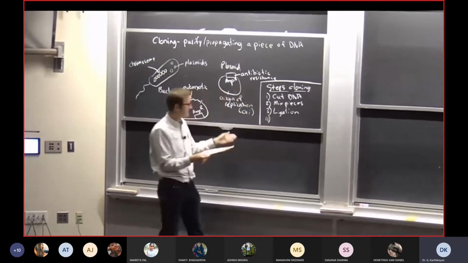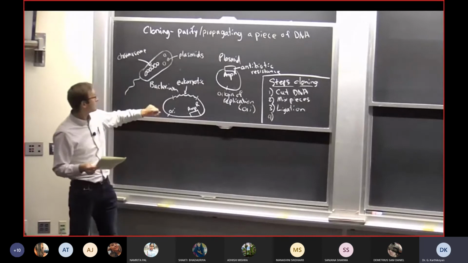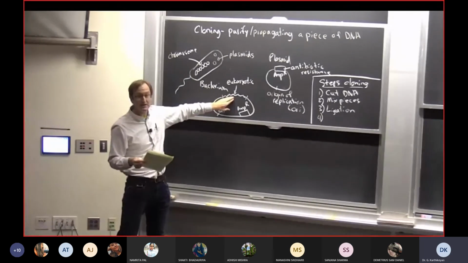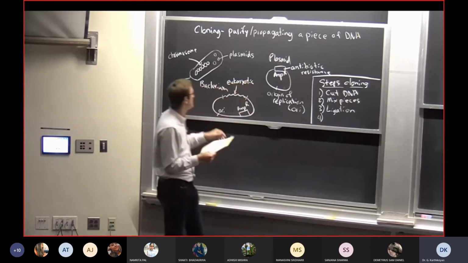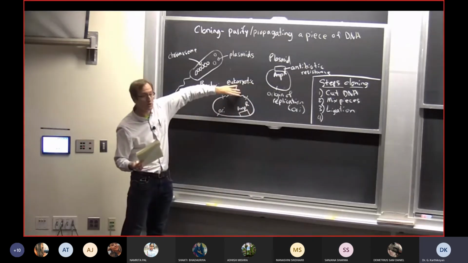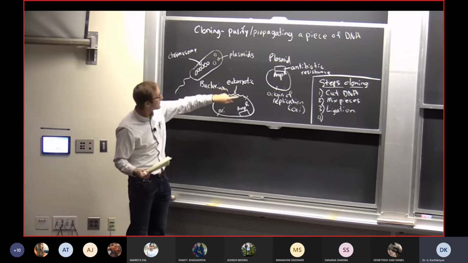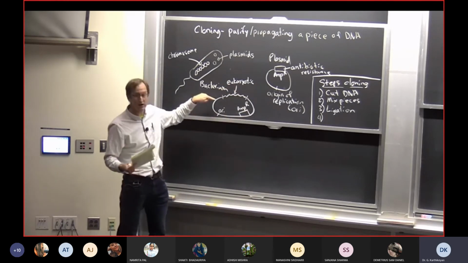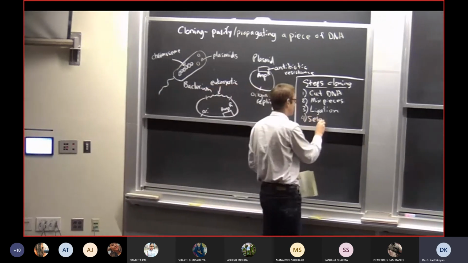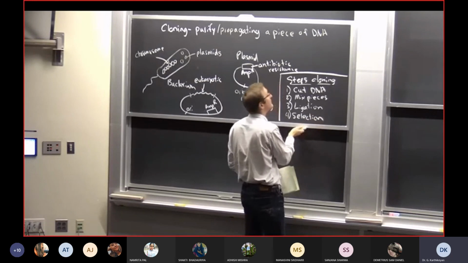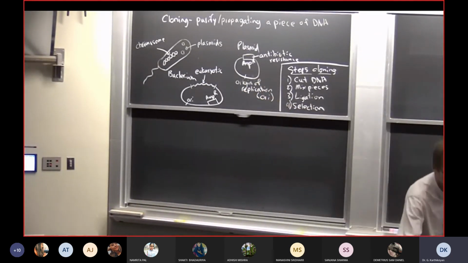And then finally, we'll end with selecting the plasmids that have the piece of foreign DNA that we want. And this is known as recombinant DNA, because you've recombined a piece of DNA from one organism, it could be a eukaryotic organism like humans, with a piece of DNA that's from a prokaryotic cell, a bacterium, okay? So we then have some sort of selection process. Okay, so we're going to go through this step by step.